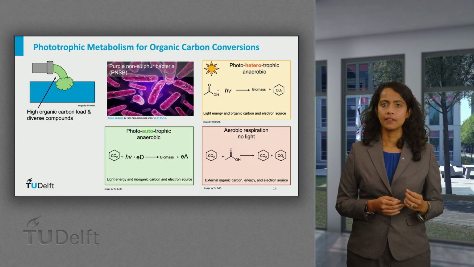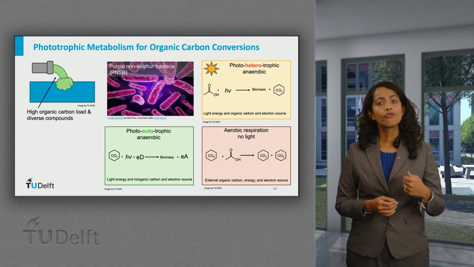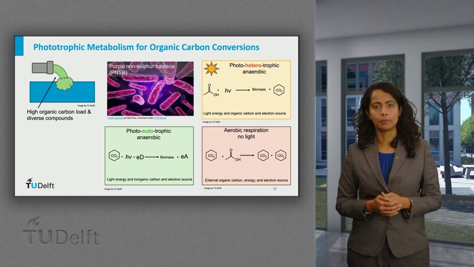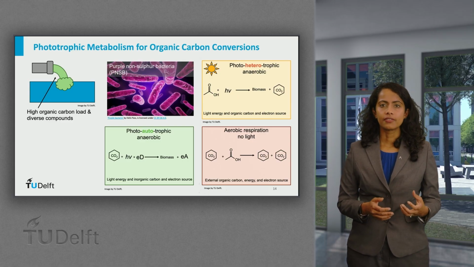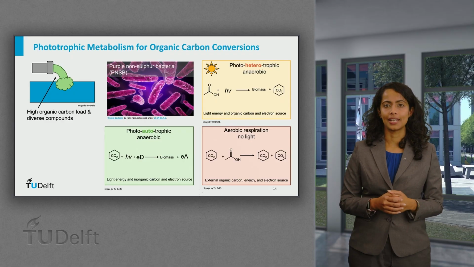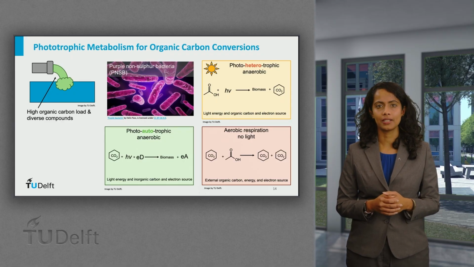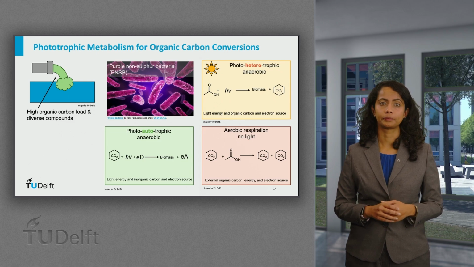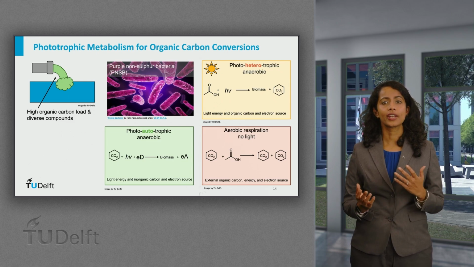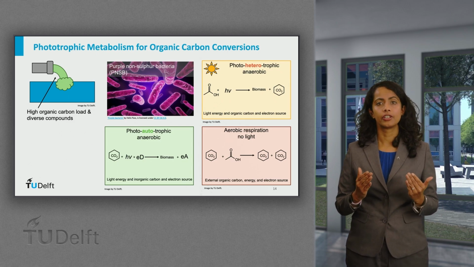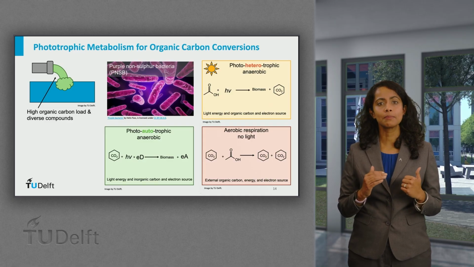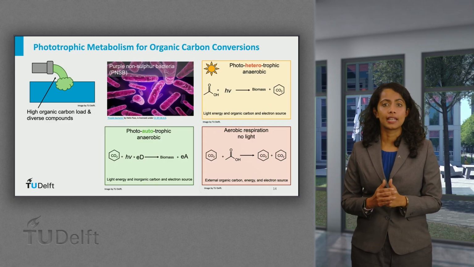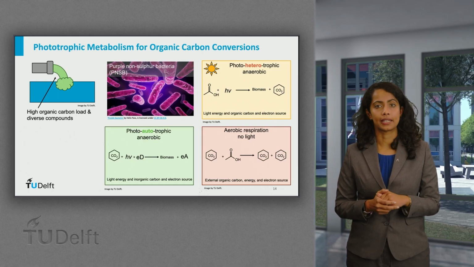Even more fascinating, they can also grow photoautotrophically using carbon dioxide as carbon source, effectively valorizing carbon dioxide emissions from wastewater treatment while simultaneously utilizing organic carbon. It is this intricate balancing of intracellular redox mechanisms in PNSB that makes it such an interesting candidate for bioprocess applications.